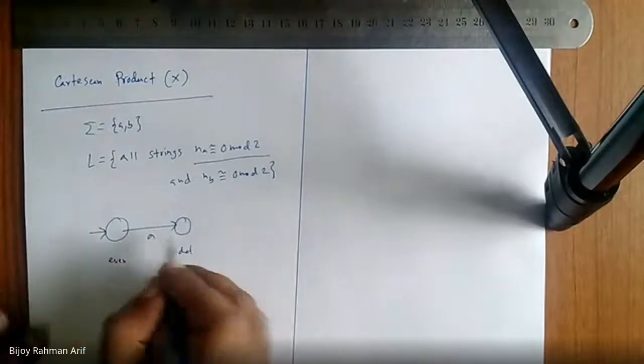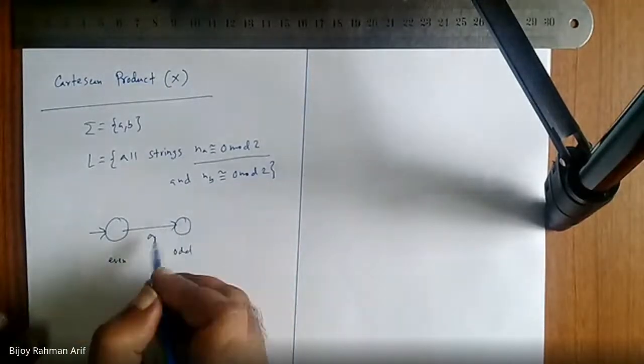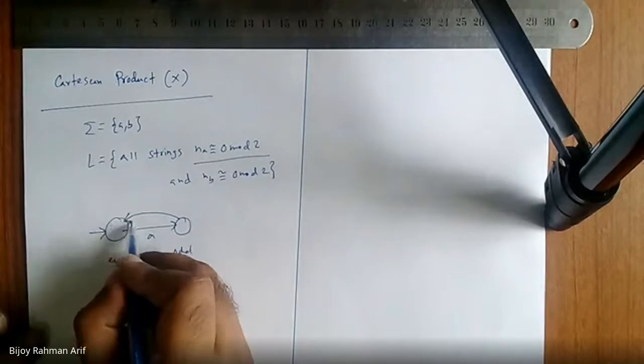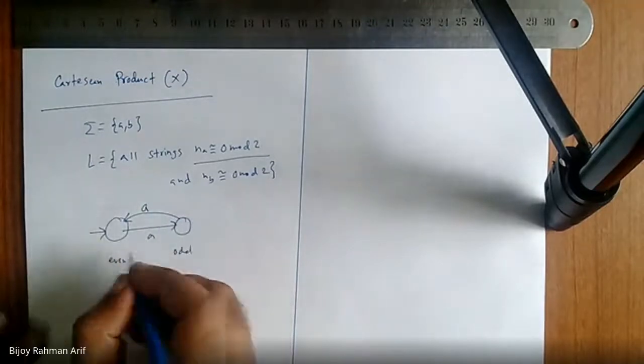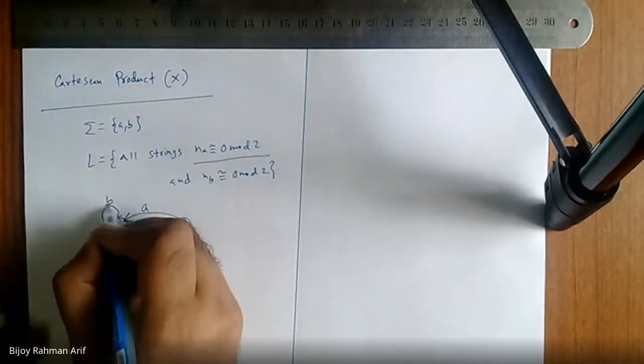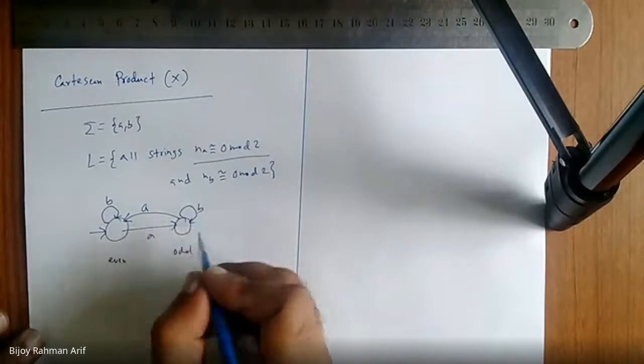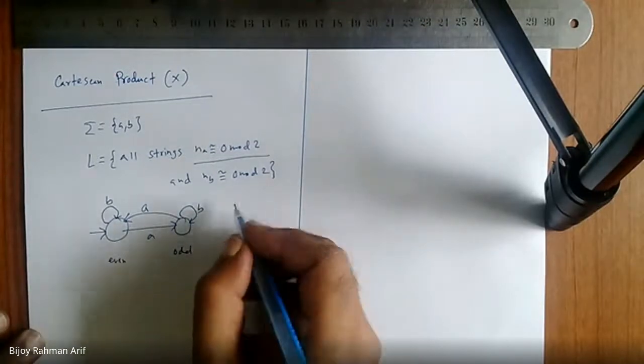From even, if I see A, I will go to odd. From odd, if I see A, I will come back to even. B, B. So this is the first part.